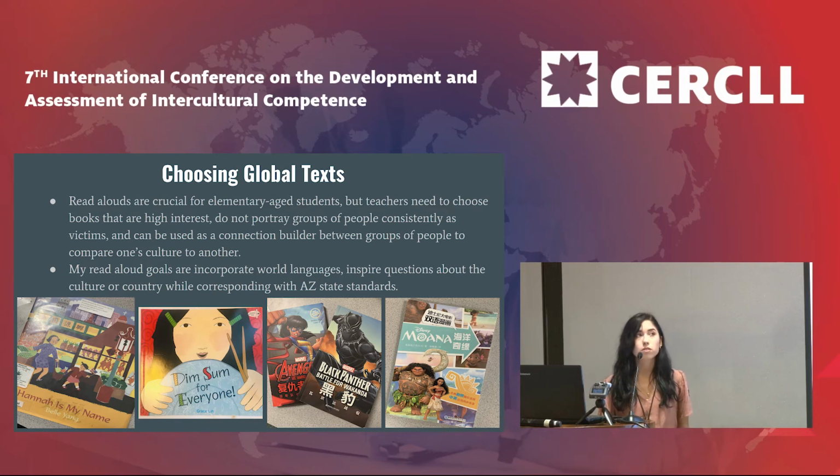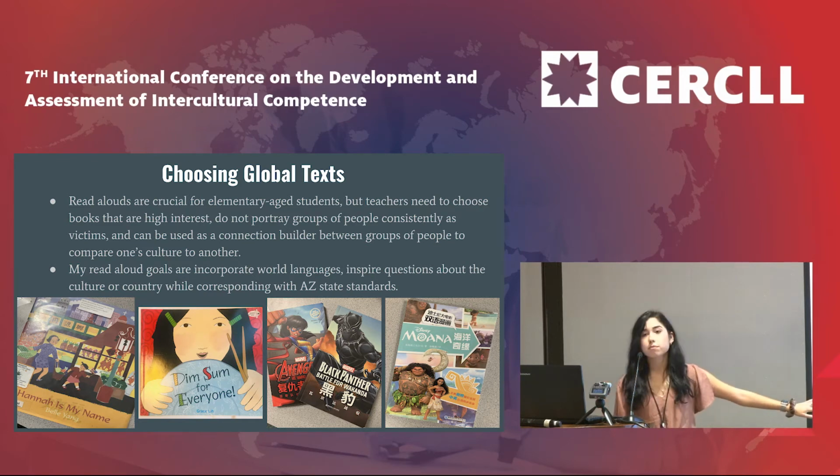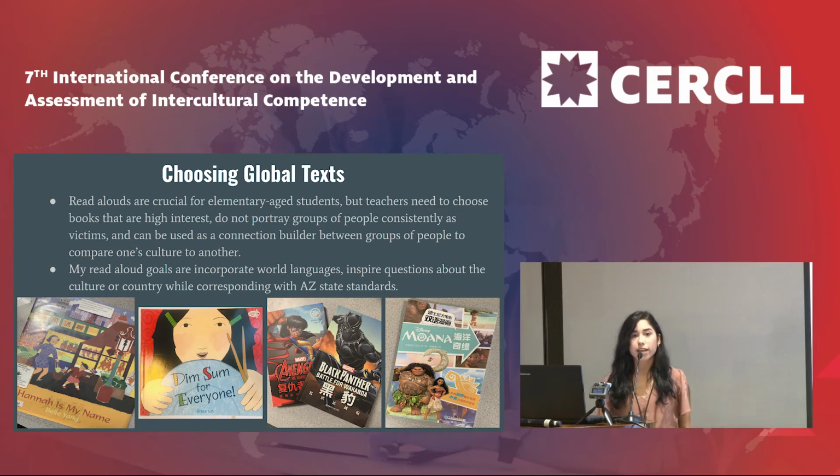My read aloud goals are to incorporate world languages and inspire questions about the culture or country while corresponding with AZ state standards. Hannah Is My Name is a book about a family that comes from Taiwan. They immigrate to California, and they are living their daily life adjusting to the States, and they're waiting on a green card.